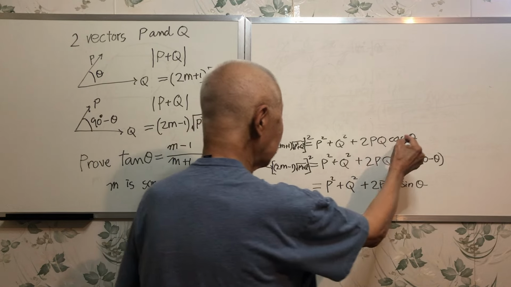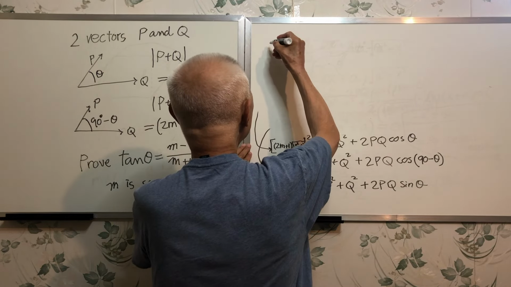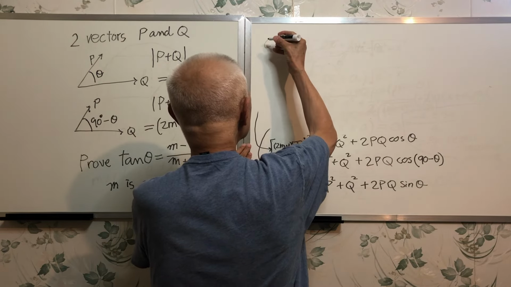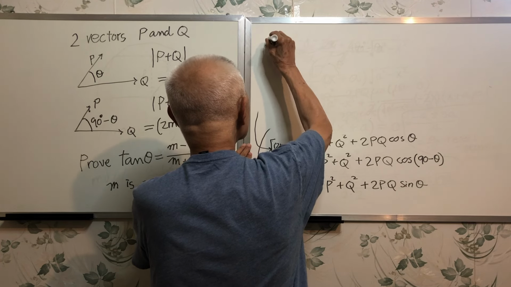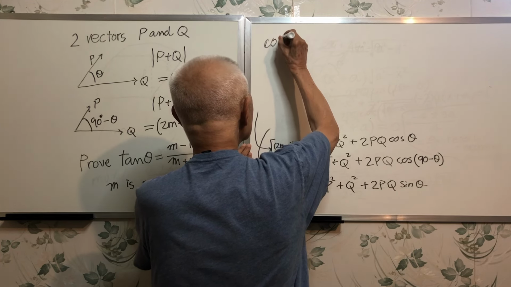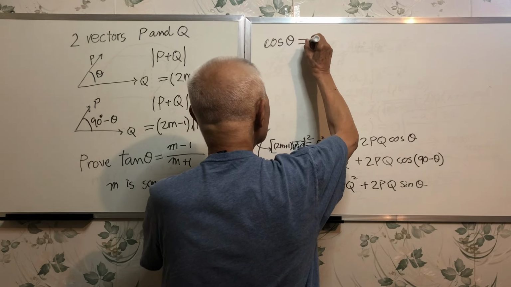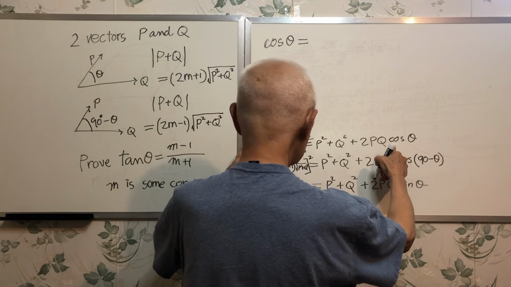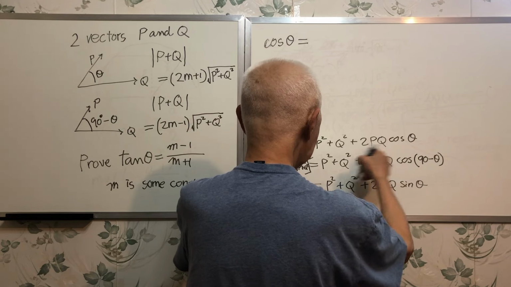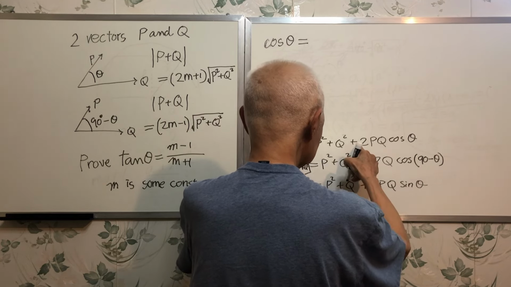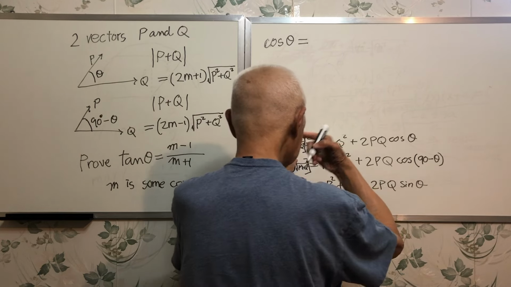So I have cosine theta. Cosine theta is equal to this minus this divided by this.